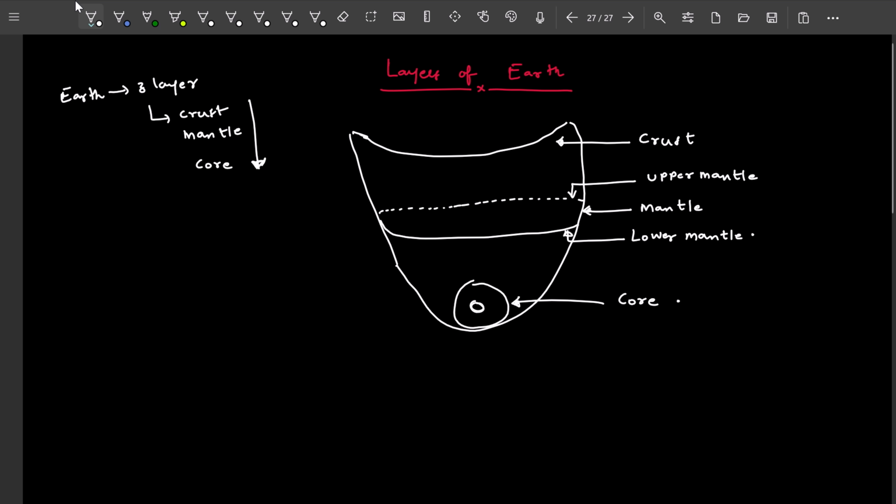The earth has 3 interior layers, also called the earth's interior layers.